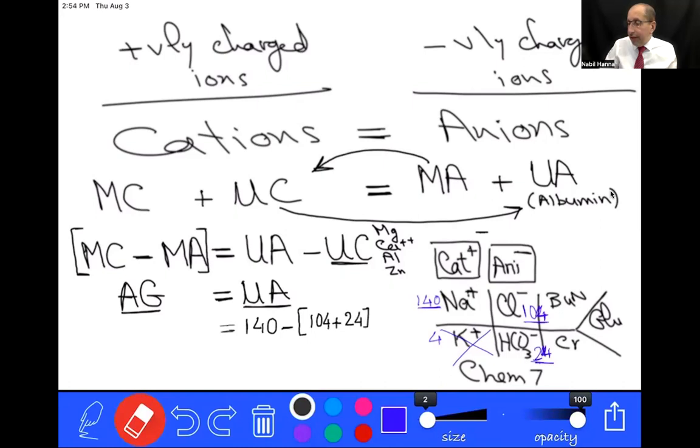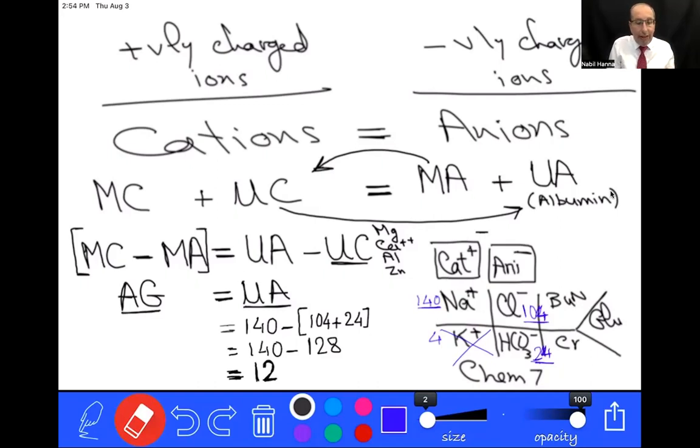So the anion gap is 140 minus 128. So the anion gap is 12. And that's the normal anion gap.